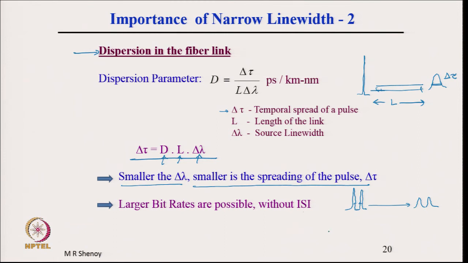If the spreading was more, then I had to keep the two pulses well separated at the input. In order to avoid overlap, we have to keep the separation larger between the two pulses, which means the number of pulses which can be transmitted per second would be smaller, and that is called bit rate. Bit rate refers to number of bits transmitted per second.